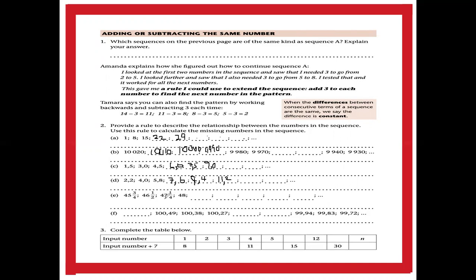And if we add another 3/4 to that, so if we add 3/4 to 46.5, we will get 47.25. And then if we add 3/4 to 47.25, we'll get 48. Then over here, we will get 48 3/4.